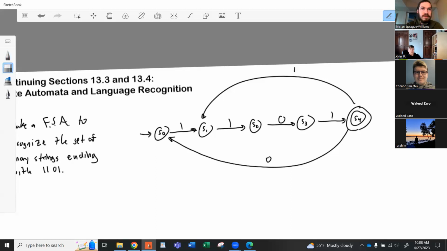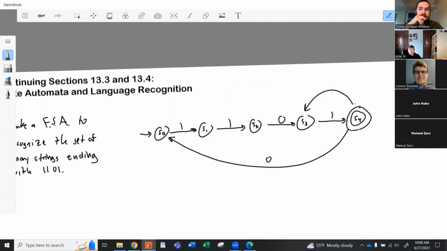You think it should go back to state 3? Let's adjust this. If it gets a 1, should it go back here? No. For the 0, wouldn't you want to go back to state 2 or 3? It's one of the two. I think it's 2. Oh, the 0?